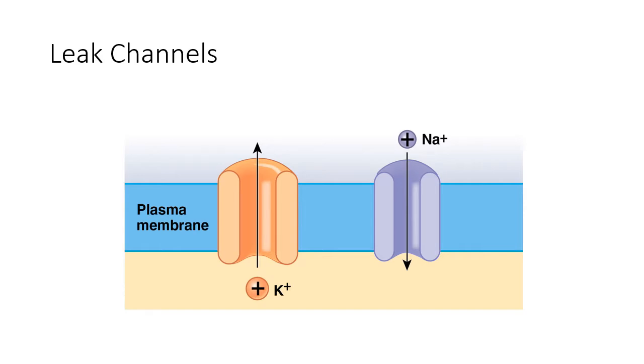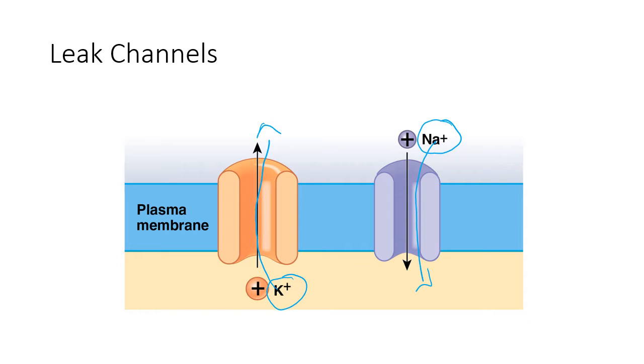So part of what we have going on is that we've created a situation where we have essentially an excess amount of sodium on the outside of the cells and an excess amount of potassium on the inside of the cells. And just the normal concentration gradient wants to have those potassium ions move to the outside of the cell and the sodium ions to move to the inside of cells. This can happen simply by using what we call leak channels.